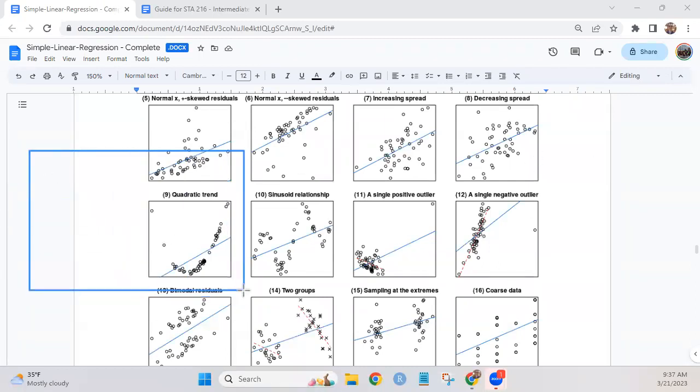So here he's showing like all these plots where X and Y have a correlation of 0.5.